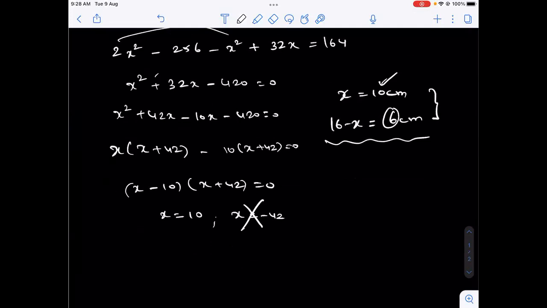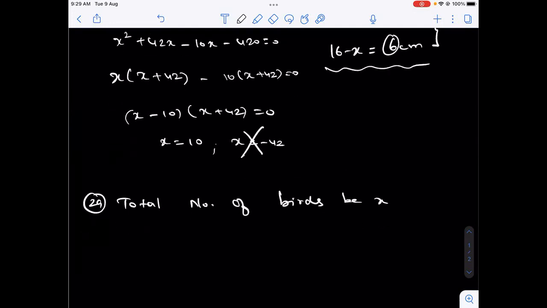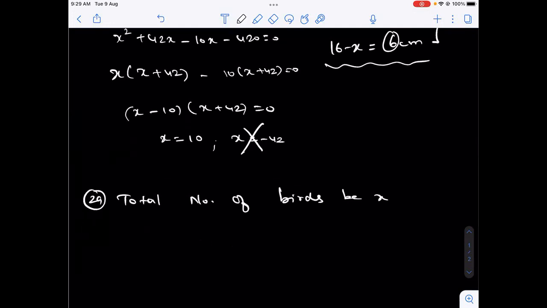Which one? 20? Tell me. Out of a number of Sarus birds, 1/4 the number are moving about in the lotus, 1/9 coupled along with 1/4 as well as 7 times the square root of the number. Okay. Let the total number of birds be x. So out of x, 1/4 the number are moving about in lotus.